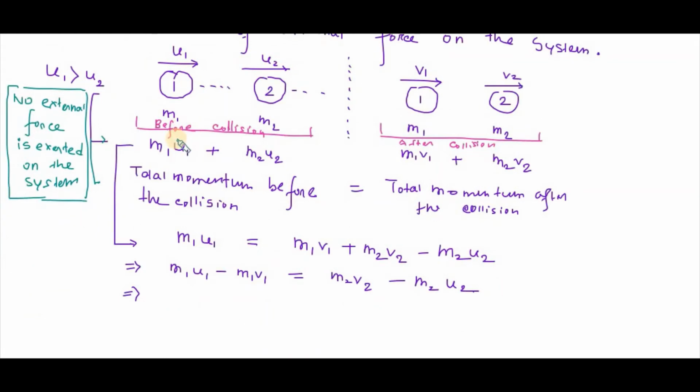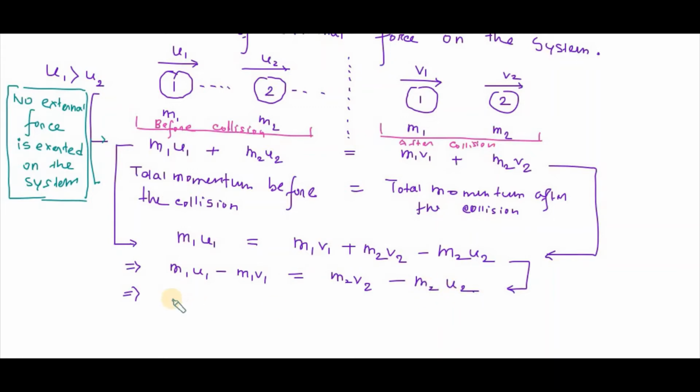If we rearrange these equations of the conservation of momentum, m1u1 plus m2u2 equals m1v1 plus m2v2, and subtract m2u2 from both sides, and again subtract m1v1 from both sides, we get m1u1 minus m1v1 equal to m2v2 minus m2u2.